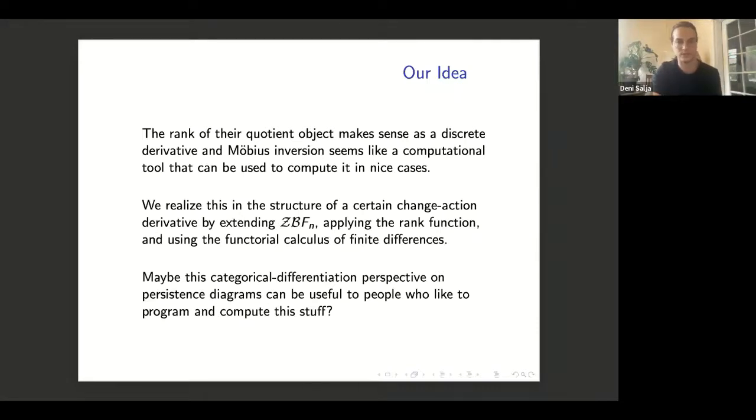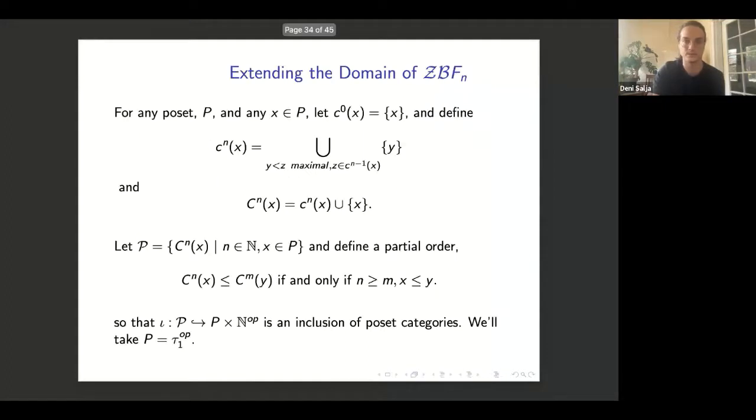And the reason that we wanted to do this in the first place was I was learning category theory at the time, and I thought this stuff makes sense. It'd be nice if I could learn about TDA more in this language. And it seemed like categorical differentiation could be a useful perspective for people who like to program and actually compute this stuff. So how do we extend this birth-death subobject functor?